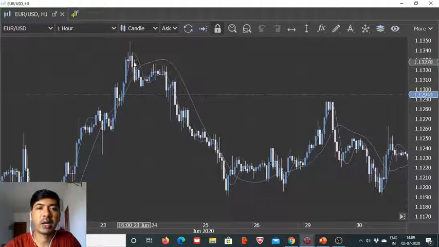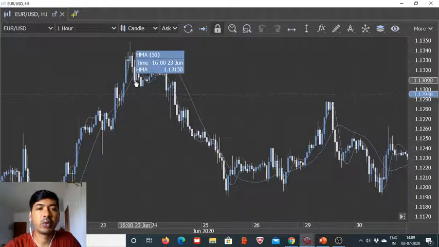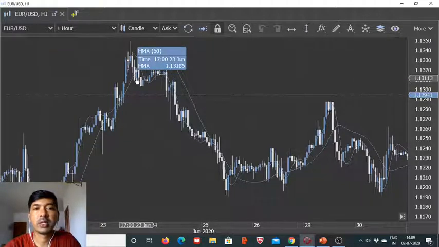For that we need to go back somewhere here, and as you can see, for the 16 GMT the candle close is below the 50 HMA, but for 17 GMT the candle close is actually above the 50 HMA.